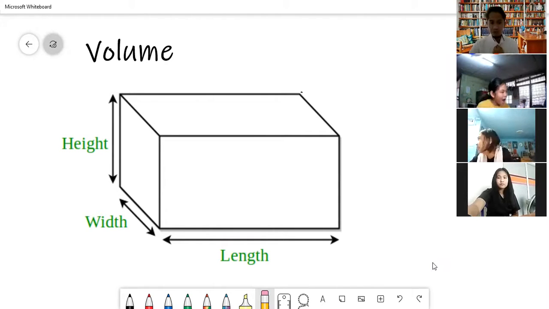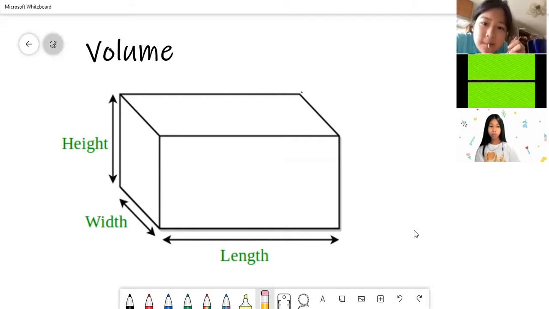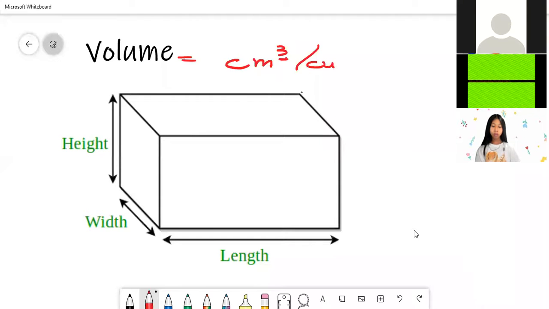So that is centimeter cube, or cubic centimeter, or cubic meter. So volume should have a 3 up here. Remember that one, 3 up there, that is volume. So how do we read that? Cubic centimeters, cubic meters, like that.